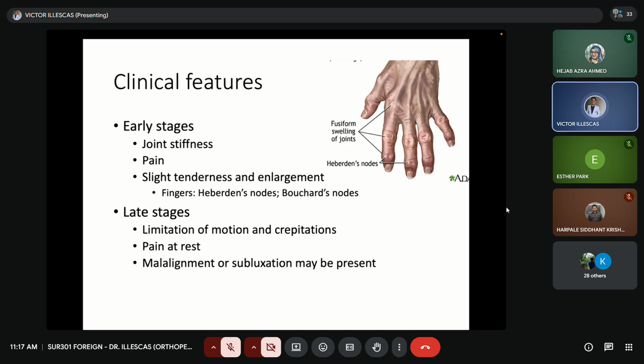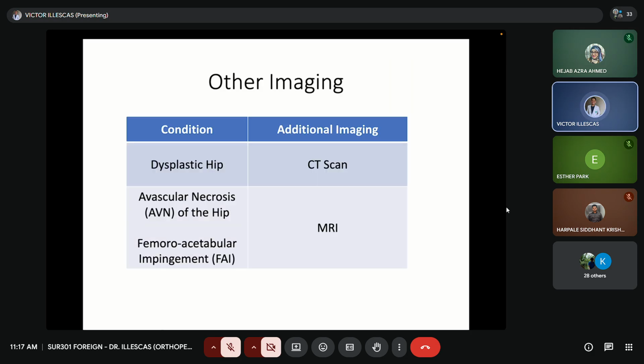There's pain at rest, and malalignment and subluxation may be present. Other than X-ray, we may also do CT scan if there are problems with the bone, and we can also request for MRI if the blood supply is in question or any other soft tissues want to be investigated.